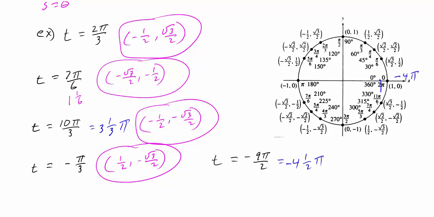So that means we would rotate around this way, and we would be at this point here. And at this point here, we see that 3 pi over 2 as a positive would be the same location as negative 9 pi over 2. So therefore, we would have our coordinates as 0, negative 1.